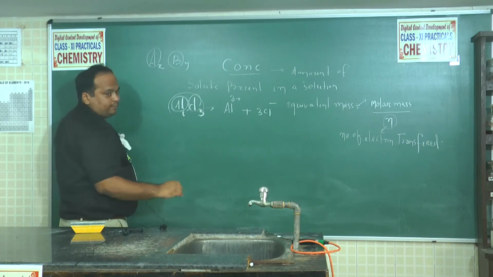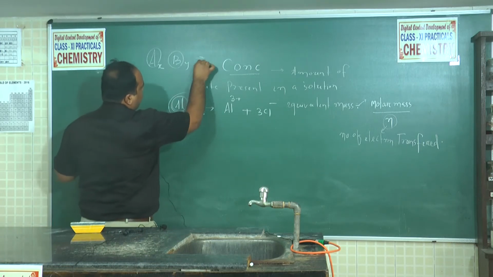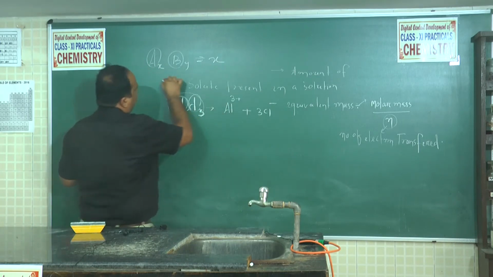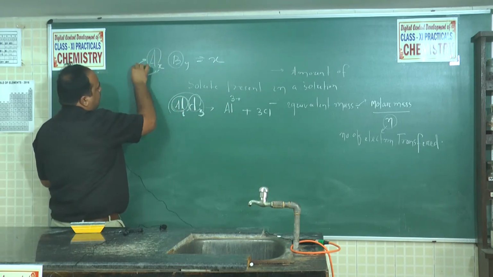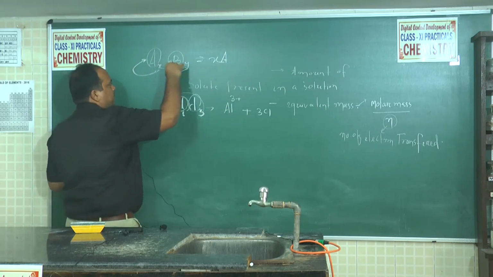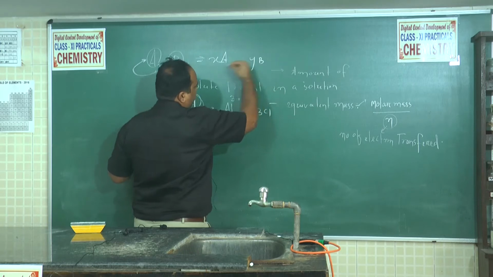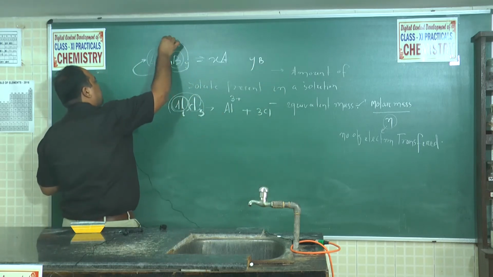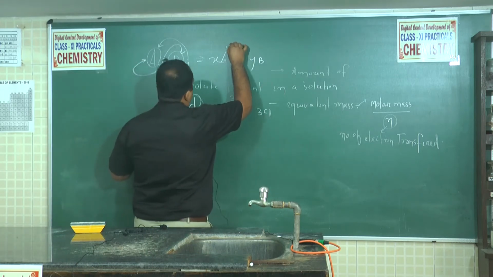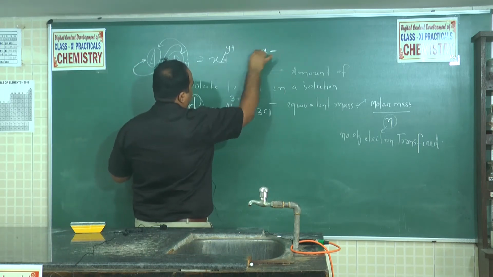When it dissociates, how is it dissociated? X A, with Y as its charge, and Y B, with X as its charge. That means Y plus and X minus.